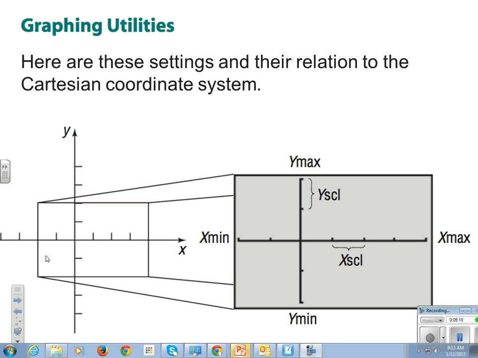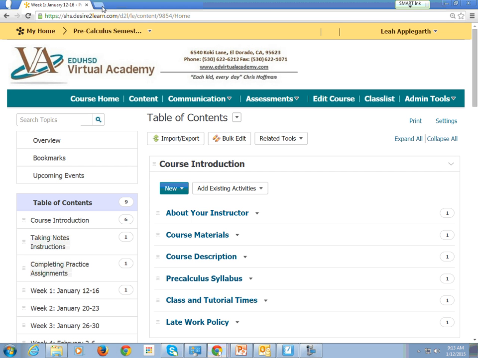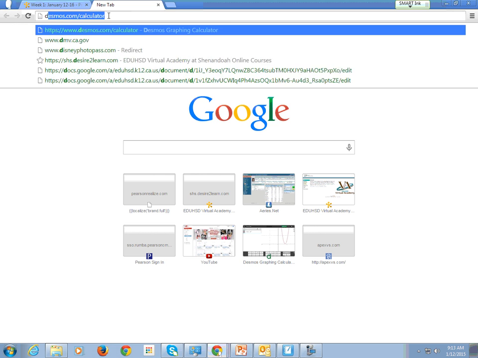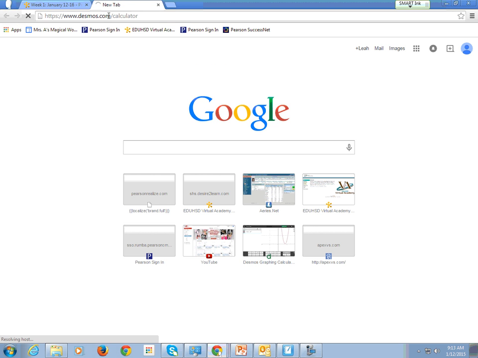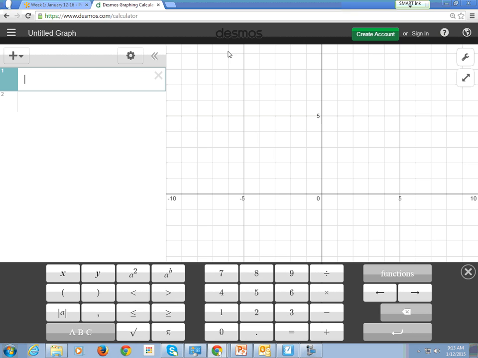Here's how it looks on the graphing calculator. And I could even pull it up, come on, Desmos for you. It's under settings.